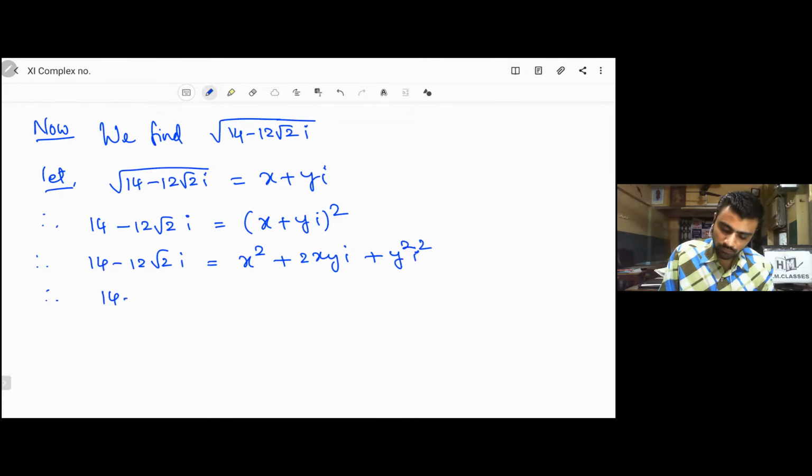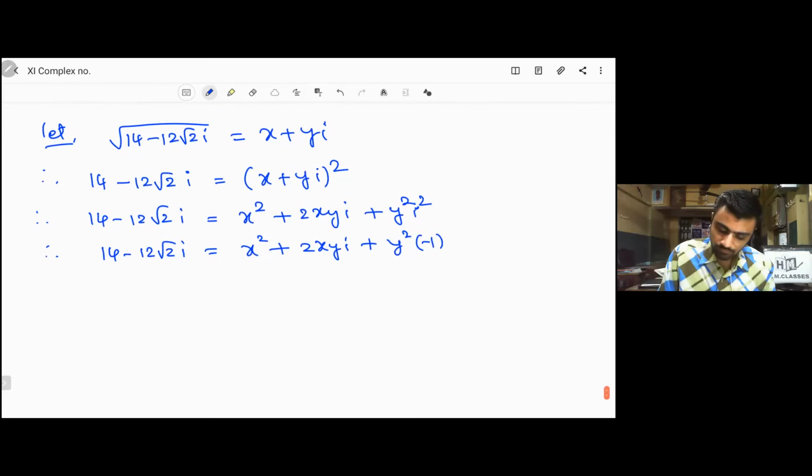Therefore 14 minus 12 root 2i is equal to x square plus 2xyi plus y square into minus 1, y square के जगह पे minus 1, and therefore 14 minus 12 root 2i is equals to x square. This is y square into minus 1, that is minus y square.